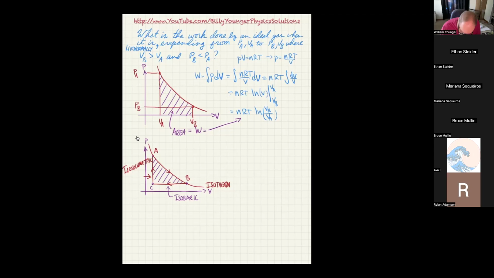So the total work in this case, W from A to B to C to A again, would be equal to the integral of P dV isotherm plus the integral of P dV isobar plus the integral of P dV isochore, because that's a smaller word, I chose to write that.